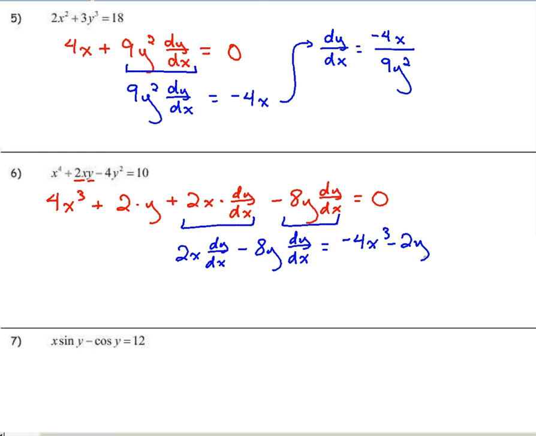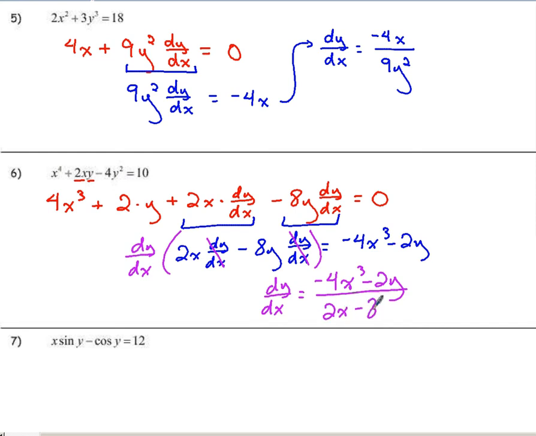We do this because at this stage we are factoring out a dy/dx. We're taking what's left over, dividing that over to the other side, so dy/dx is going to equal negative 4x cubed minus 2y all over 2x minus 8y.